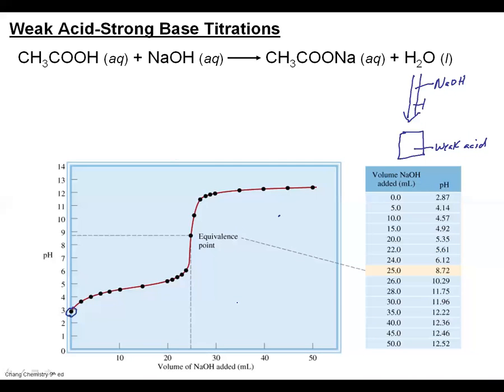And let's talk about what's happening in this particular titration. So before we add any sodium hydroxide to it, the only thing that we have in the beaker is a weak acid. So if we wanted to figure out the pH at the start of the titration, all we have in this example is the acetic acid.